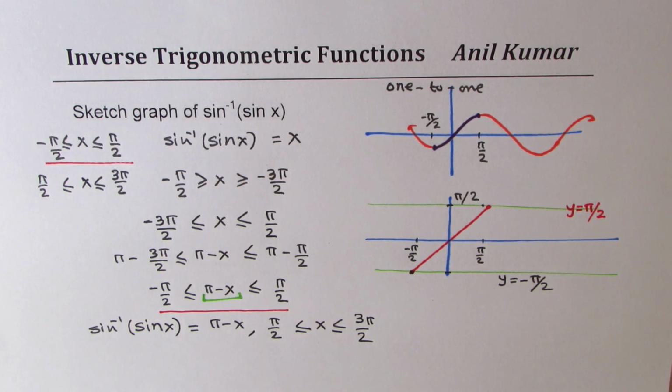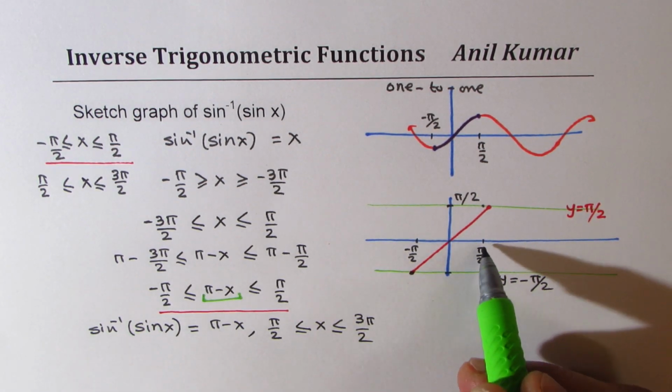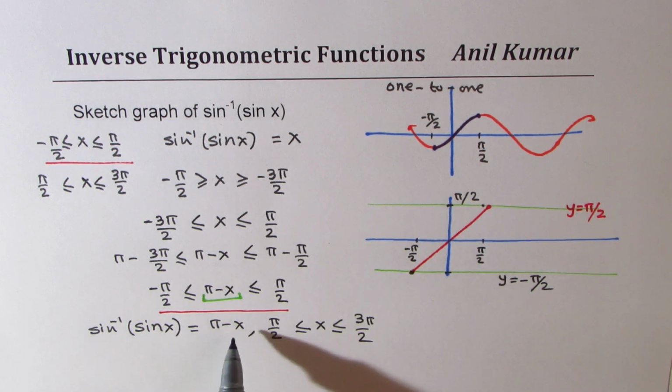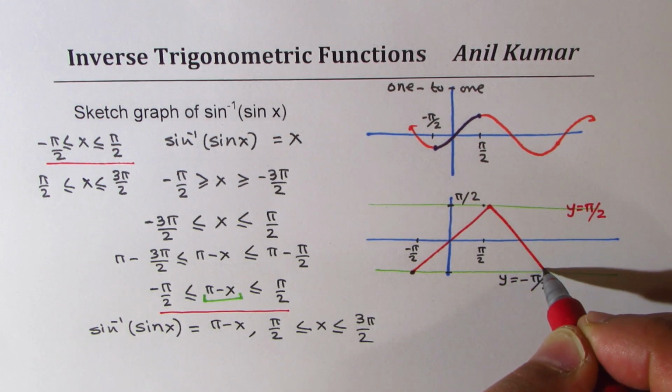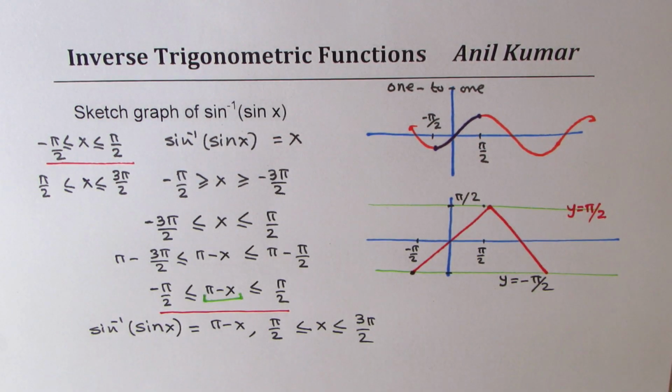You get an idea, right? So if you sketch it, then at pi by 2, if I write pi by 2 here, we get pi by 2, correct? So what we get really is a graph which will be kind of like this. You get an idea, right? So at 3 pi by 2, I get minus pi by 2. So that is 3 pi by 2.